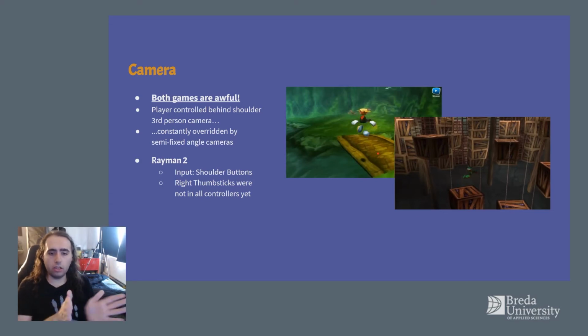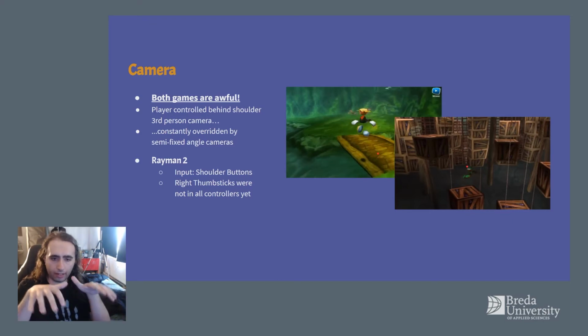You can only control the yaw, the left to right. So they had to come up with a solution, and the solution was segments where the camera would be fixed, so the player would have a clear view of what's beneath them and be able to do some sections better. That was the excuse for Rayman 2. That's why they came up with this compromise, which after replaying the game recently, I don't think holds up very well.